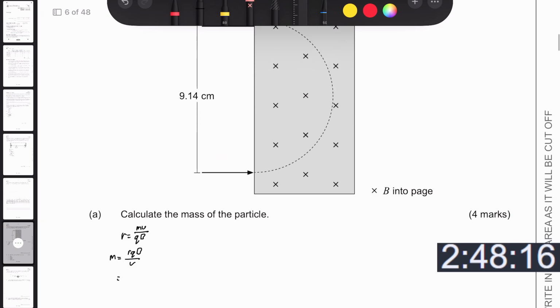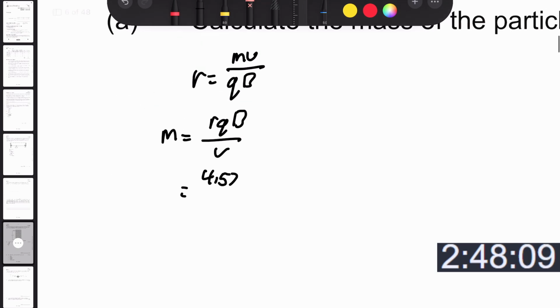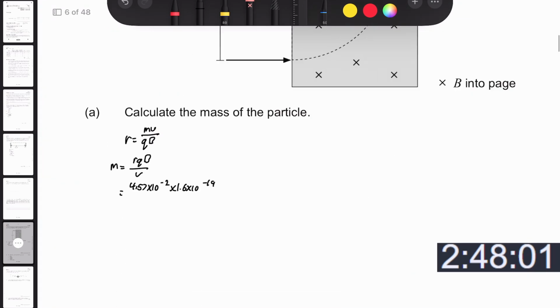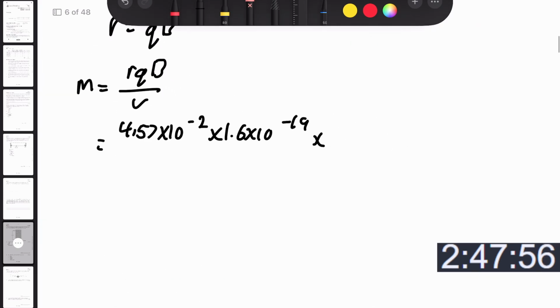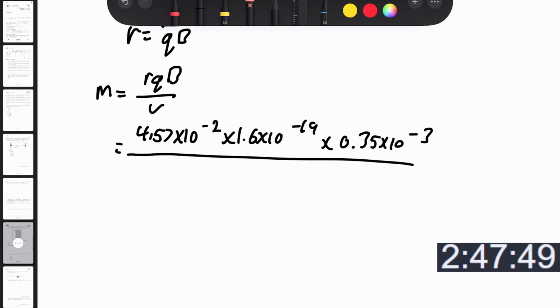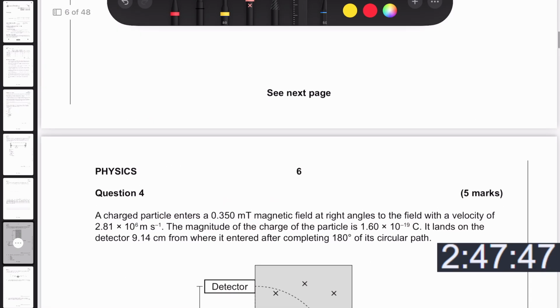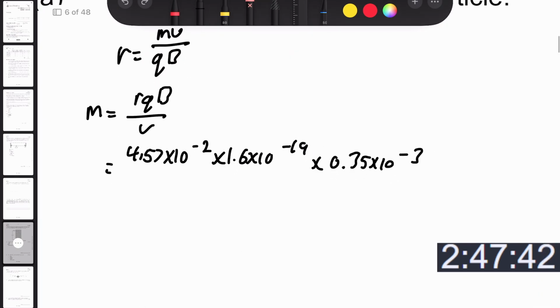Now radius is going to be half of 9.14, so 4.57 times 10 to the negative 2. So I'm going to have 4.57 times 10 to the negative 2, times 1.6 times 10 to the negative 19, times 0.35 times 10 to the negative 3, and my velocity is 2.81 times 10 to the 6.